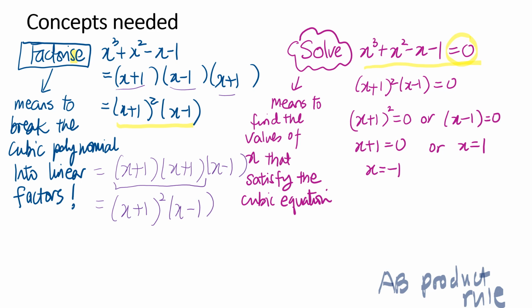So when you solve the equation, it means you are finding the values of x that satisfy the equation. But when you factorize, you are expressing your answer in linear factors. To summarize, when factorizing a polynomial, your answer will be in linear factors, basically just bracket, bracket, bracket. But if you're asked to solve it, it means you're finding specific values for x.